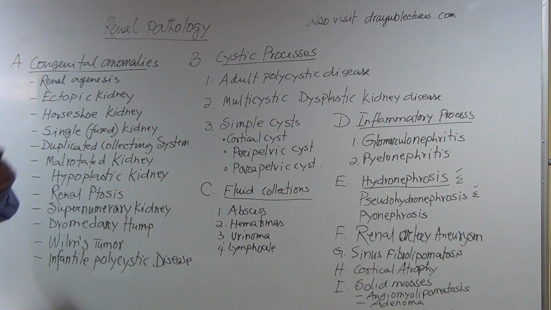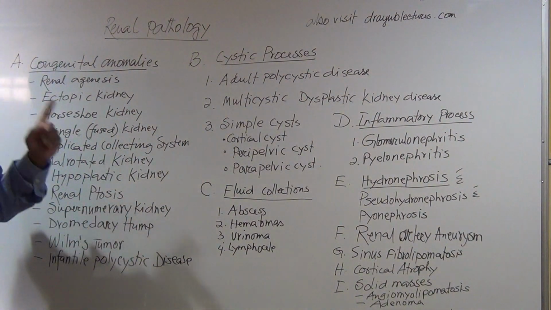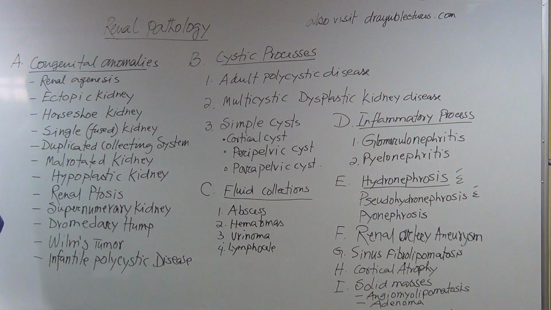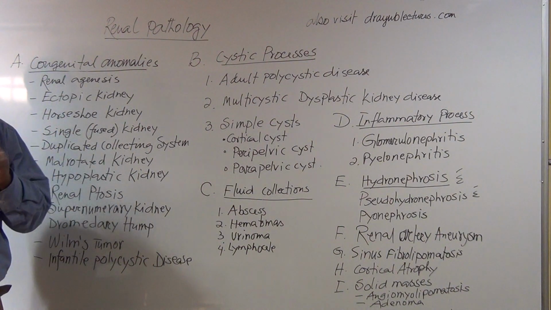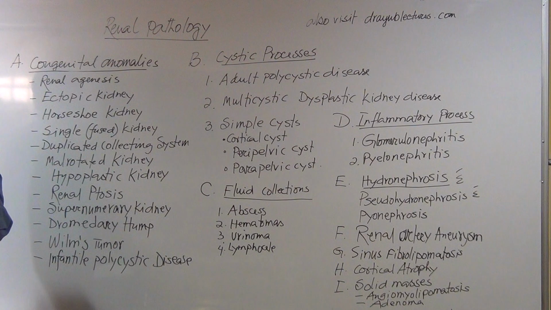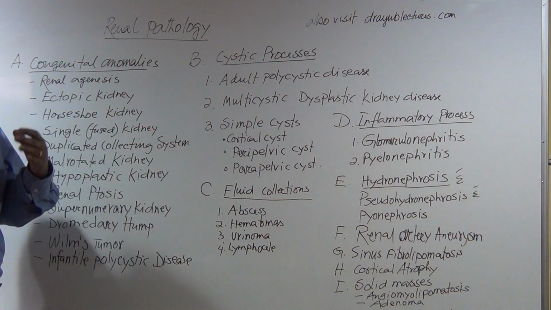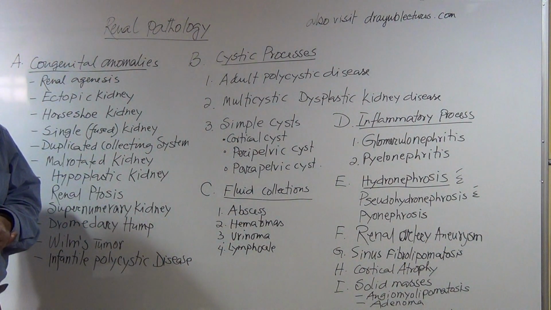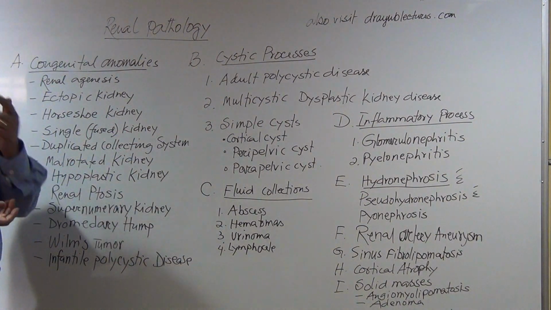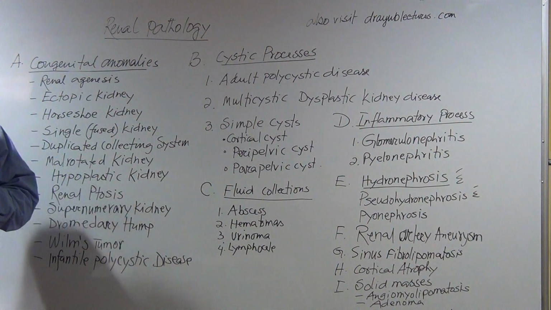But the incidence of one kidney absent is more than bilateral kidney absent. So bilateral kidney absence definitely will have some symptoms. How early are the symptoms present? In the fetal condition, you will see the baby has no kidneys. If the baby has no kidney, then what happens? The amniotic fluid will be very small. We call it oligohydramnios.